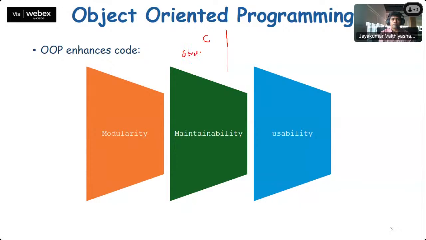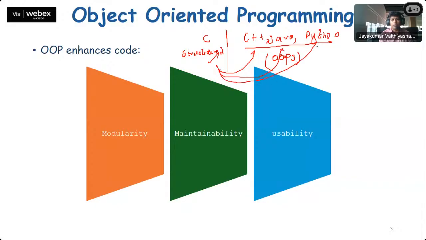C is a structured language; C++, Java, and Python belong to object-oriented, which in short form we call OOPS. Some restrictions are there, but most of the time, whatever you do in one language, you're able to do in the other language in different forms.